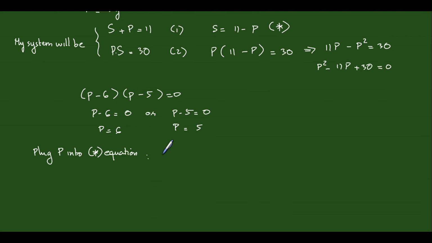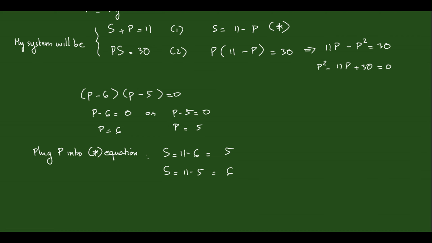If p equals 6, then s becomes 11 minus 6, which equals 5, right? And if p equals 5, then s is 11 minus 5, which is 6. So if s is 5, p is 6. If s is 6, p is 5.